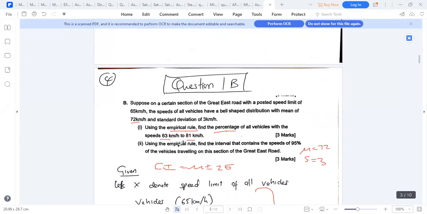Then the third part, using the empirical rule, find the standard deviation that contains at least 95% of the vehicles traveling in this section.